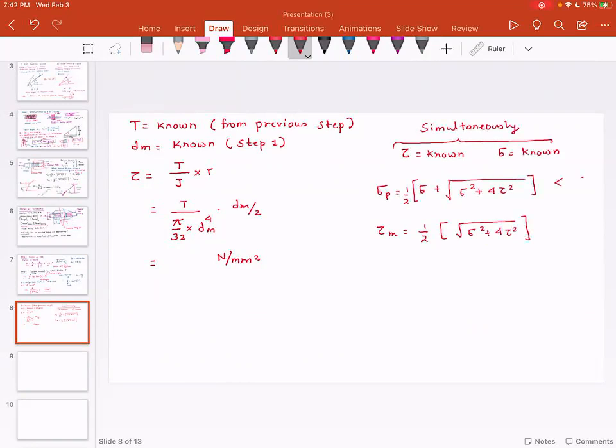And this should be less than sigma design, and this should be less than tau design.